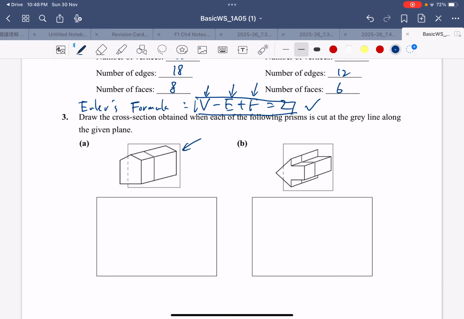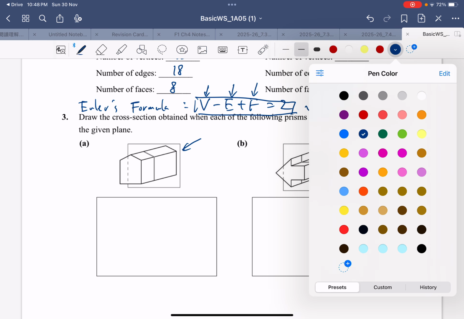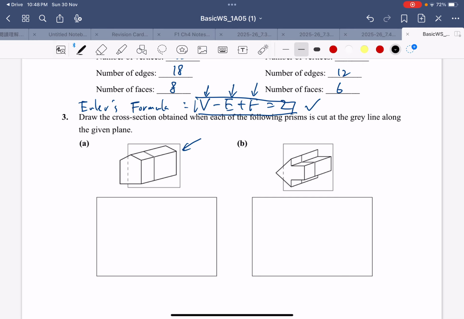If you cut this figure, you have, okay, I change it to black. I just found a new function for the Apple Pencil. Yeah, that's very great. I can draw a straight line now.